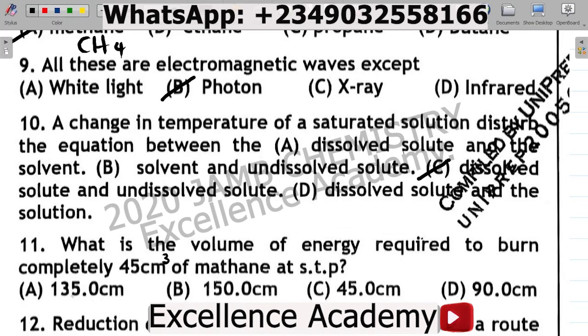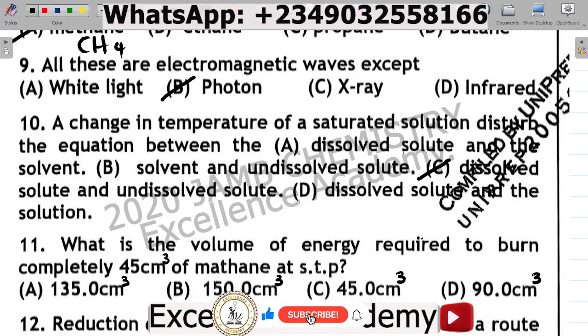A, 135.0 cm³. B, 150.0 cm³. C, 45.0 cm³. D, 90.0 cm³. So you have these options. What's the correct option here? Is it A, B, C, or D? Leave your answer in the comment section and I'll tell you if you're correct or not.